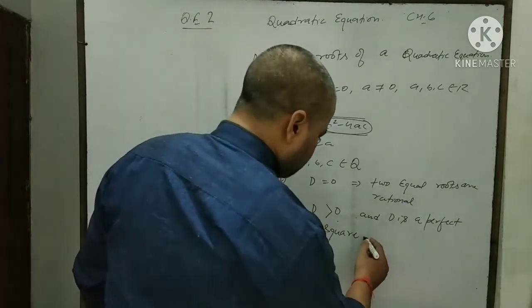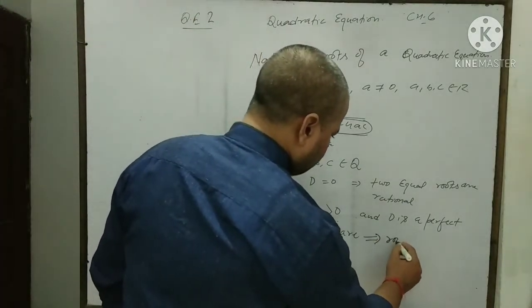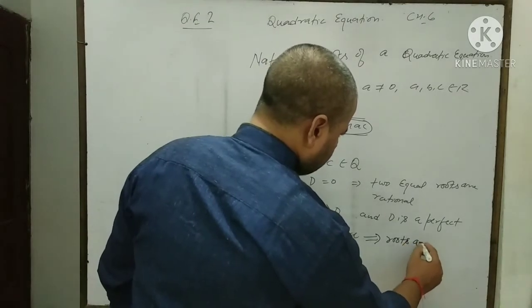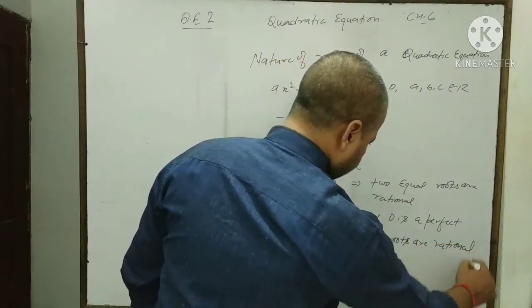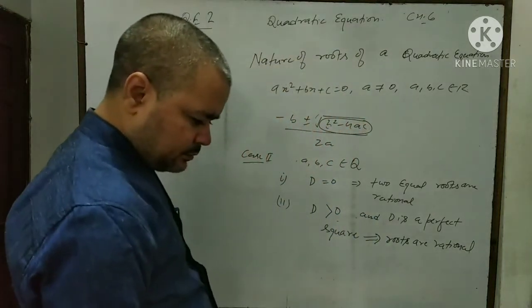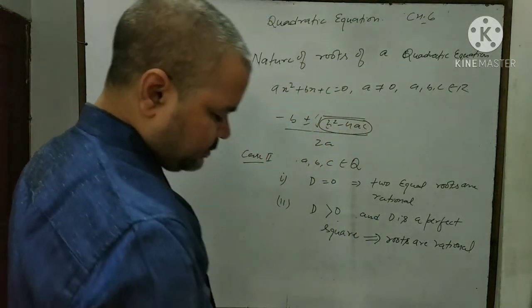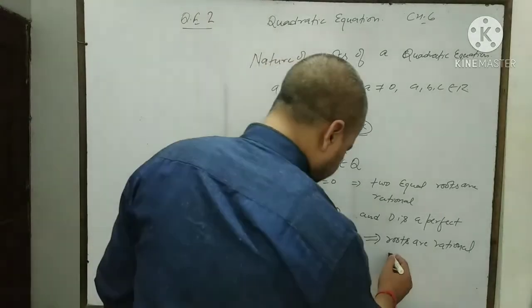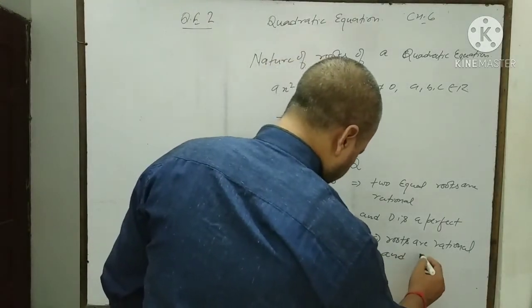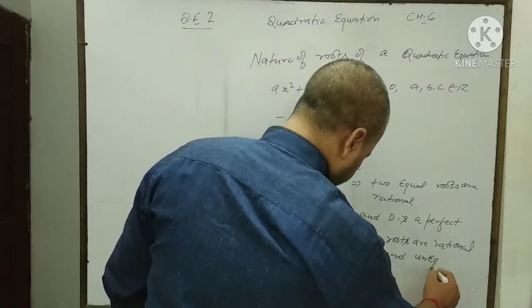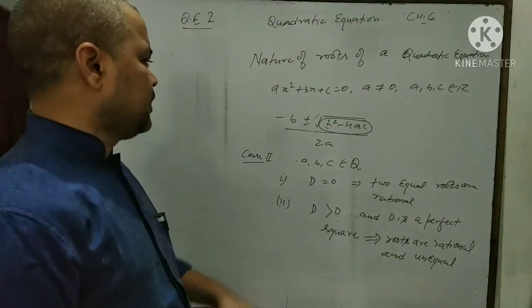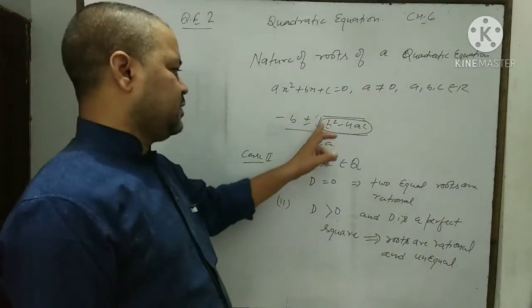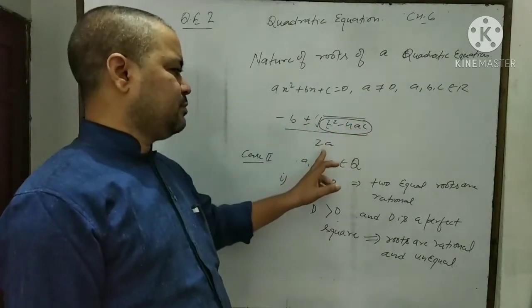The roots are rational and unequal, because here it is minus b plus minus under root b square minus 4ac by 2a.